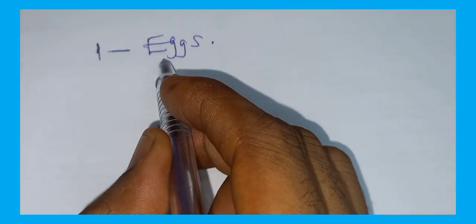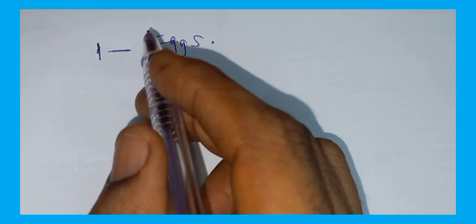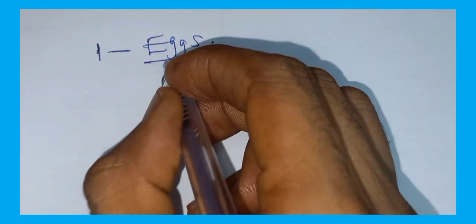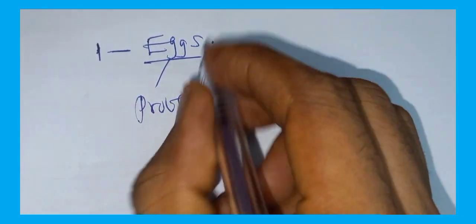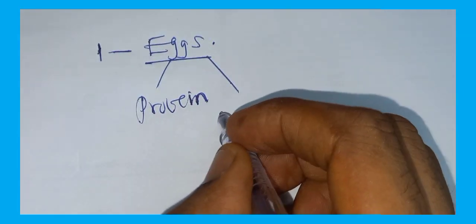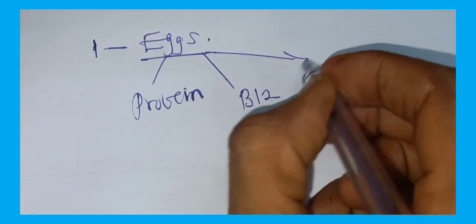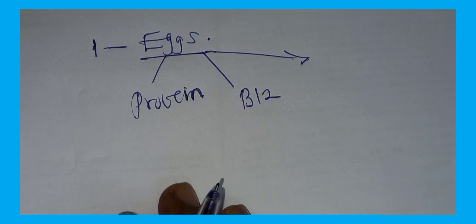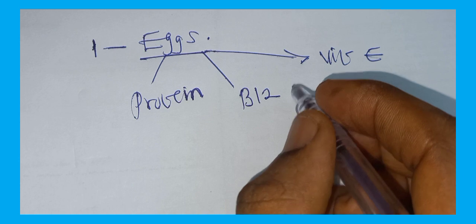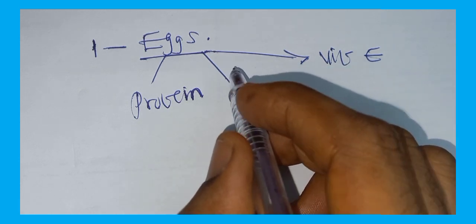Eggs are commonly mentioned as one of the best foods for increasing fertility since they are very high in protein. Eggs also have vitamin B12 and vitamin E, and are high in beneficial monounsaturated fats like DHA.